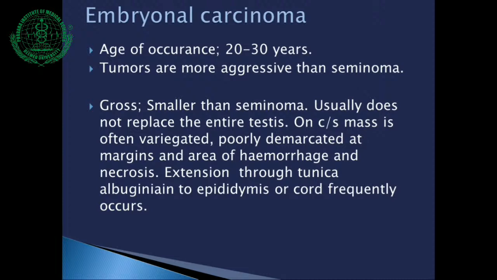Most of the time, only a small part of the testis is involved. On cross section, it shows areas of hemorrhage and necrosis. It is very difficult to demarcate from the surrounding normal testes. Extension through the tunica albuginea to epididymis or cord frequently occurs.